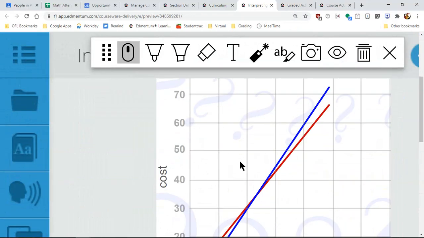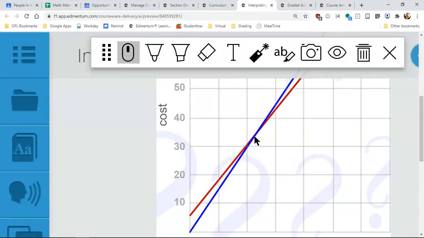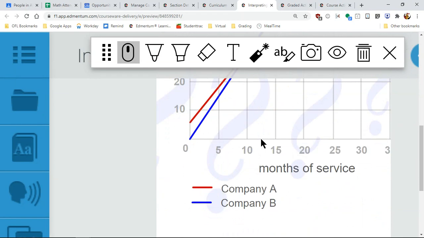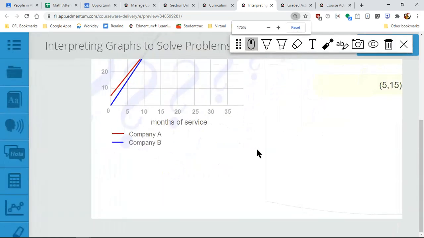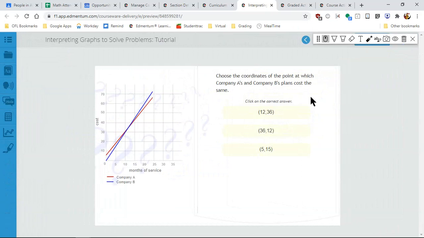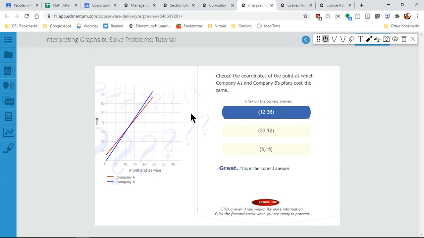It's a little annoying because it makes everything bigger, but if I look here, it's about right here. If I go down, it looks like about 12 months. So I'm going to zoom back out. About 12 months, $36. So this means after 1 year, you're going to pay the same for company A and company B.